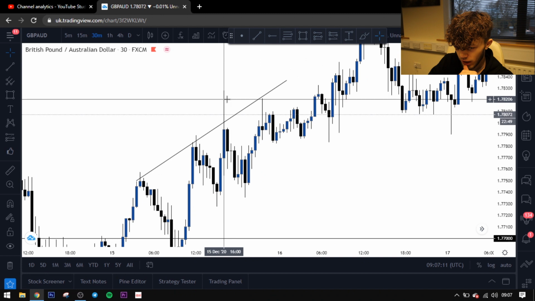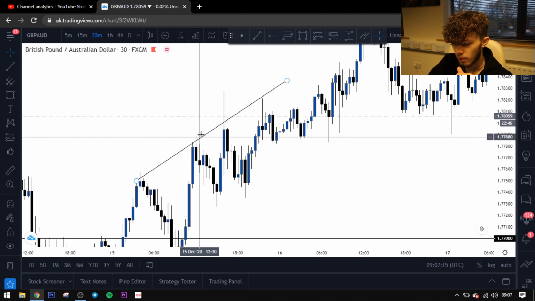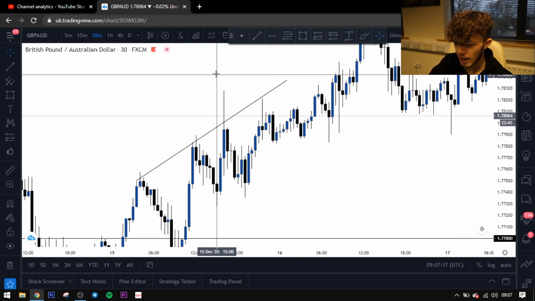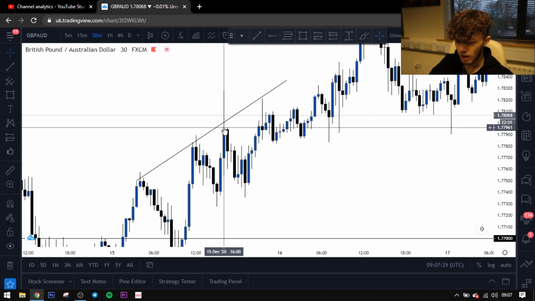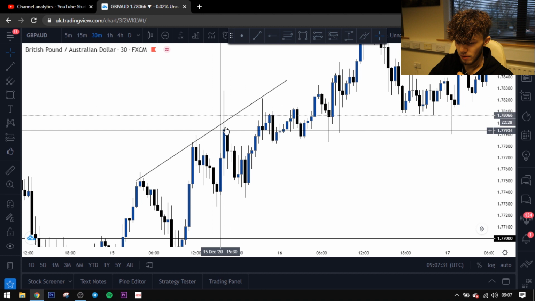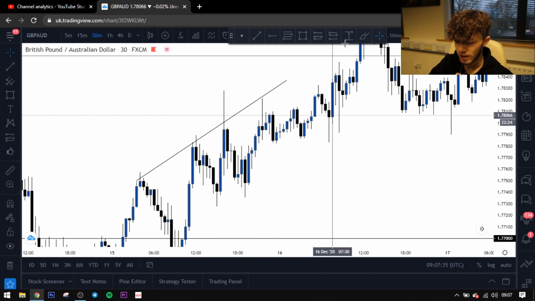So people are either entering shorts off this opportunity here, and then getting stopped out from this wick. Then they enter long positions, because people are thinking the price is going to push up even more. So they're entering longs here around this level, or even up here. They're getting stopped out, and then price carries on upwards.